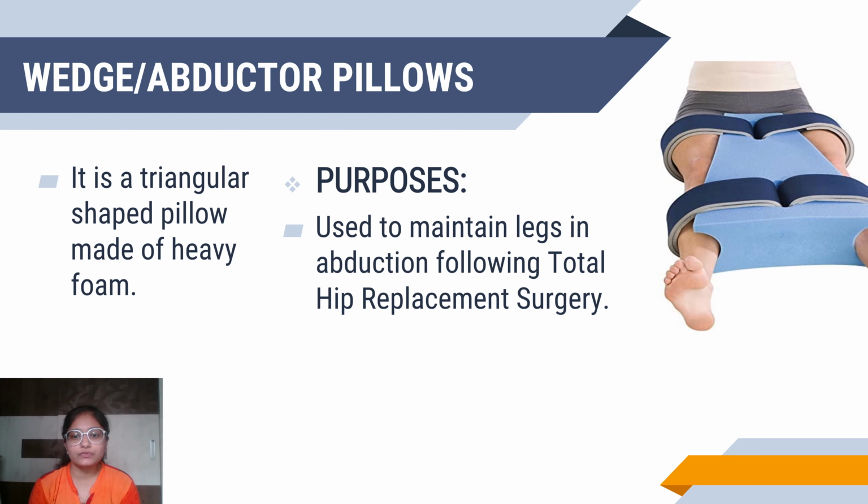It is used for maintenance of legs in abducted position, that is away from the midline of the body, after total hip replacement surgery. In hip replacement surgery, the legs are abducted. So it is used for abducting the legs in total hip replacement surgery.